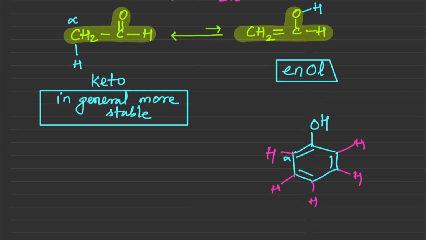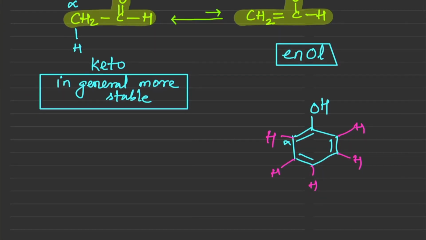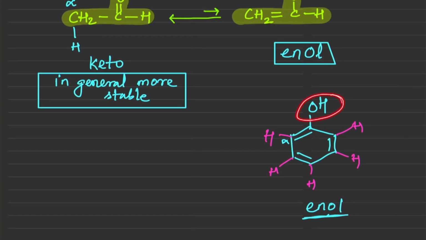I'm just going to use this side. This side is also fine, but since we drew the double bond here, I will use this as a guideline. Okay, so we can have something like this. This is going to be enol because the OH group is on top of a double bond, so that's why it's enol.